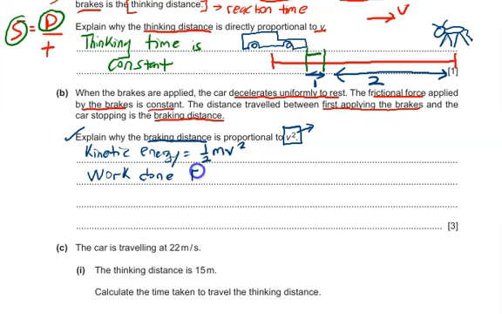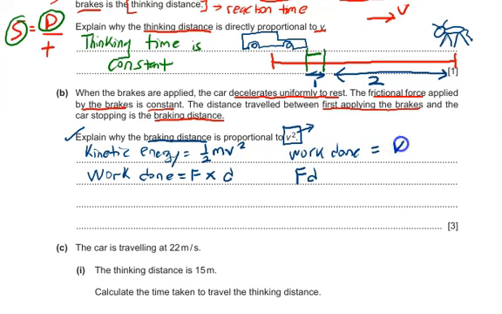Work done is force times distance. The force here is the frictional force. So we can conclude that we have this formula: Fd, the work done, equals the kinetic energy.